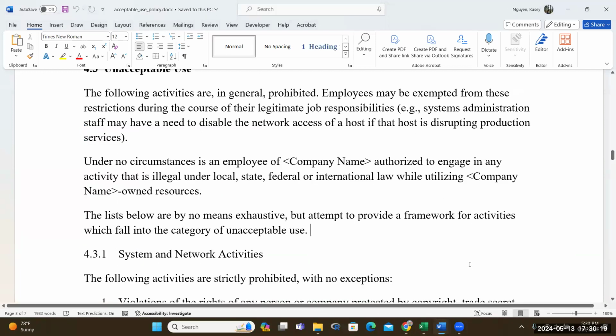A gag order is mostly for the larger operations, like the company itself, compared to NDAs specifically for the individual. Almost all the IT people that I know who work in security sign an NDA.